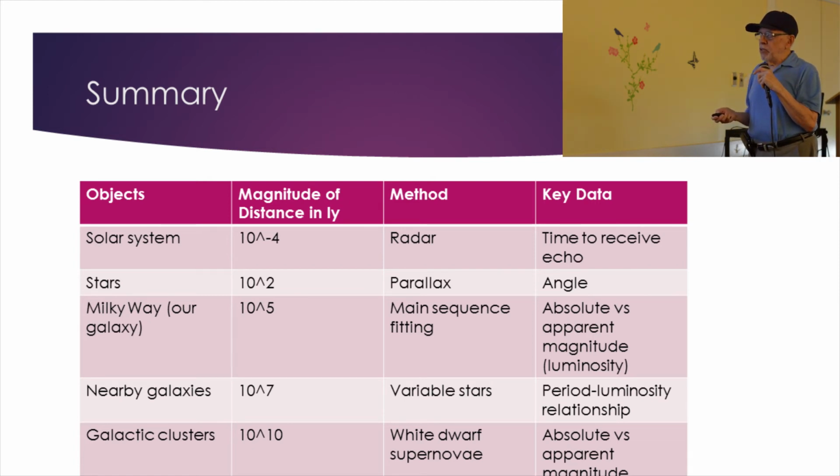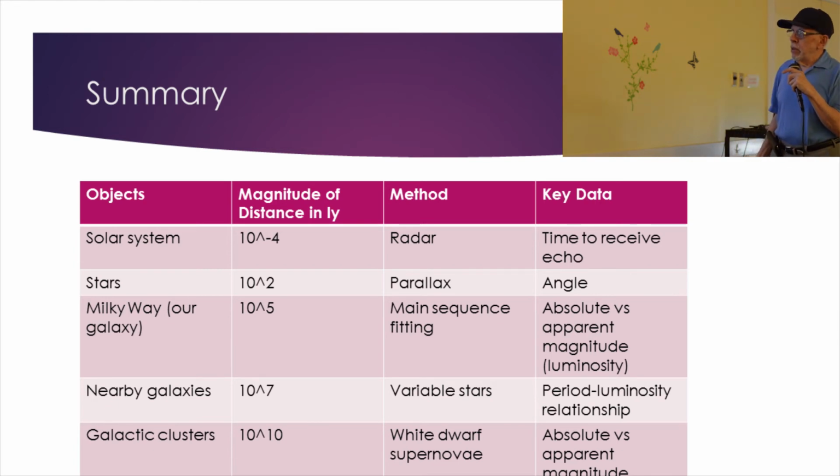Nearby galaxies, using variable stars, the period luminosity relationship. And clusters of galaxies at great distances. If we look at supernovae, we know what their absolute magnitudes are, so we can use that same relationship to measure their distances.